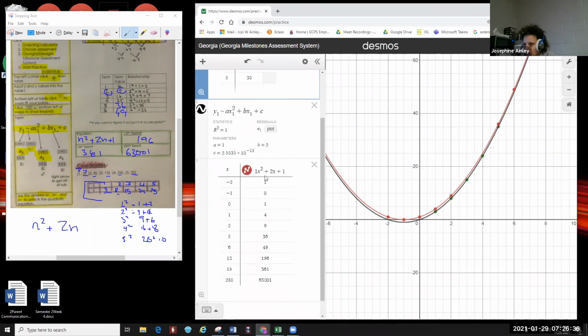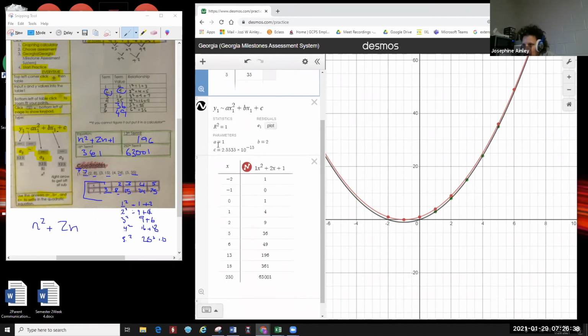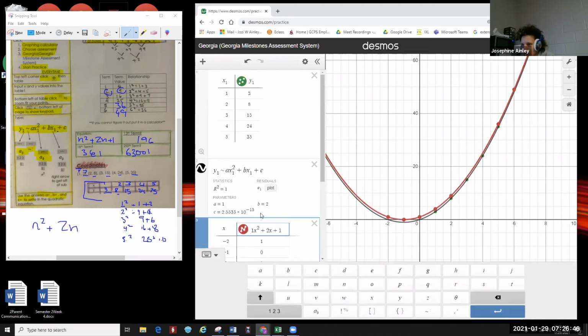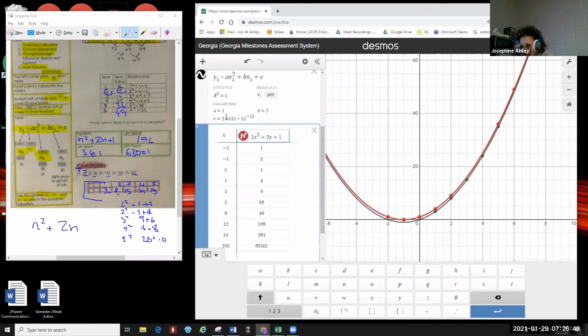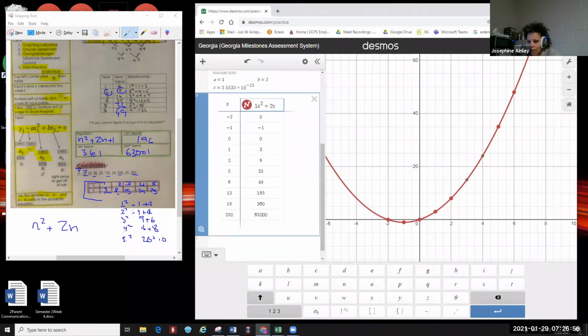All right, so I get A is 1, B is 2, and C is very close to 0. So same formula that I get from the calculator.